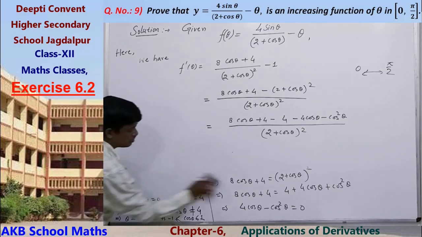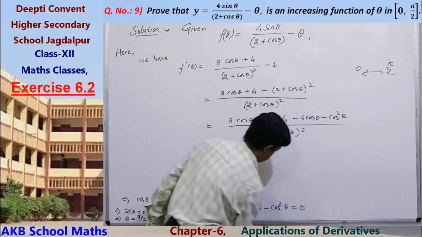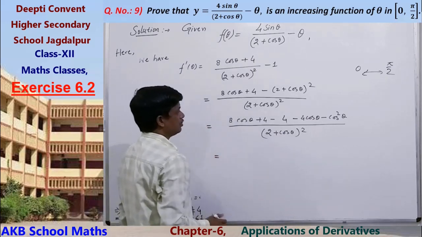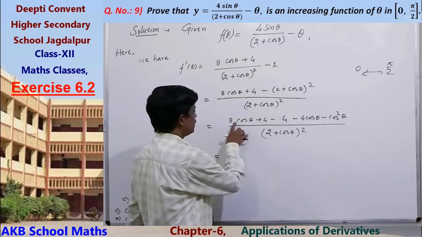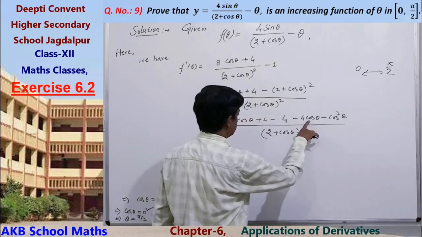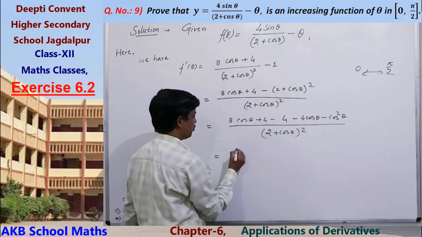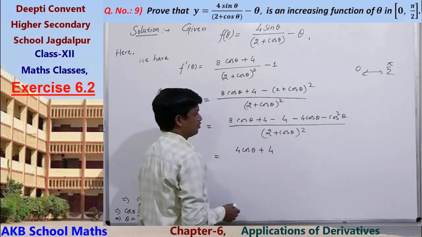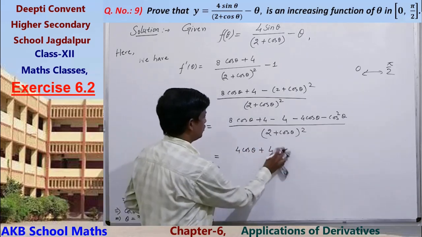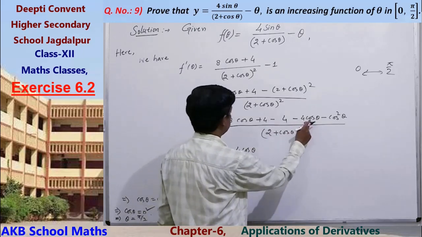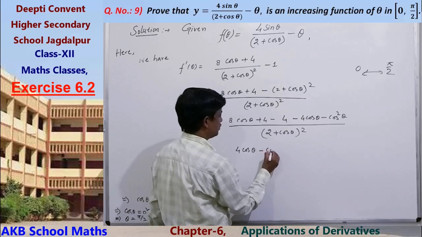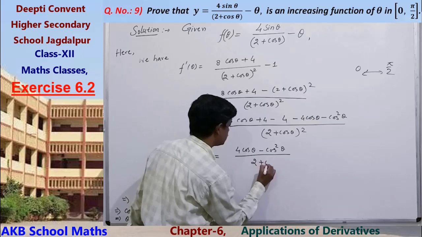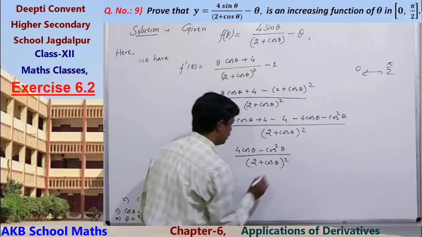Further solving, 8 cos theta minus 4 cos theta means 4 cos theta, plus 4 minus 4 cancel. 4 cos theta minus cos square theta upon (2 plus cos theta) square.